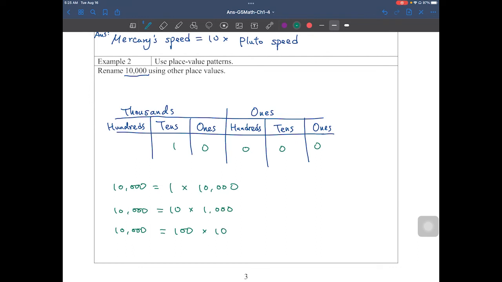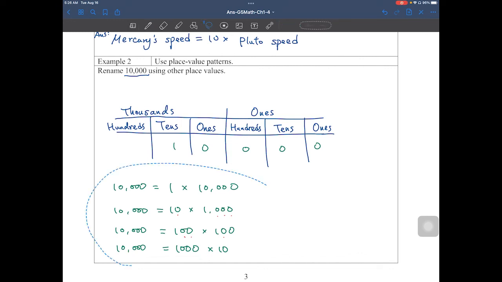Let's count the zeros: 1, 2, 3, 4. 1, 2, 3. I'm missing a zero. 10,000 also equals 100 times 100.